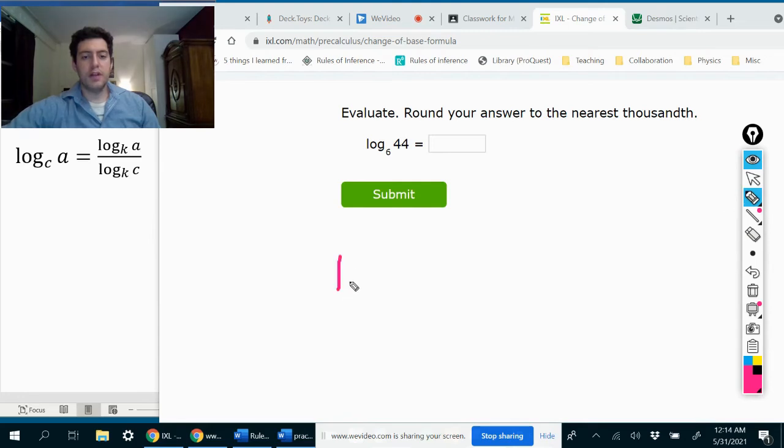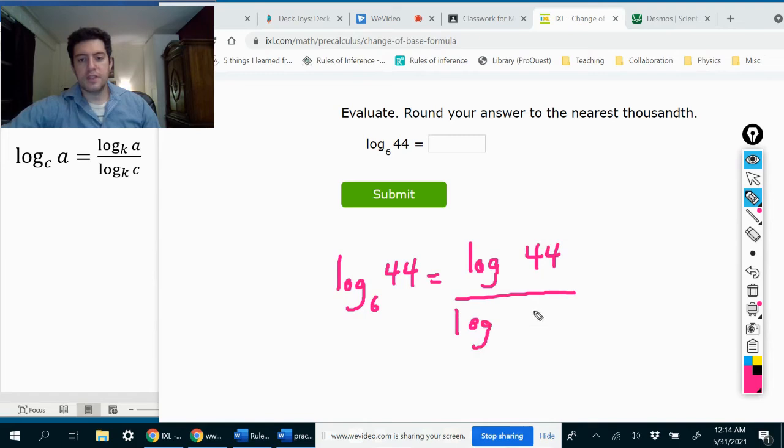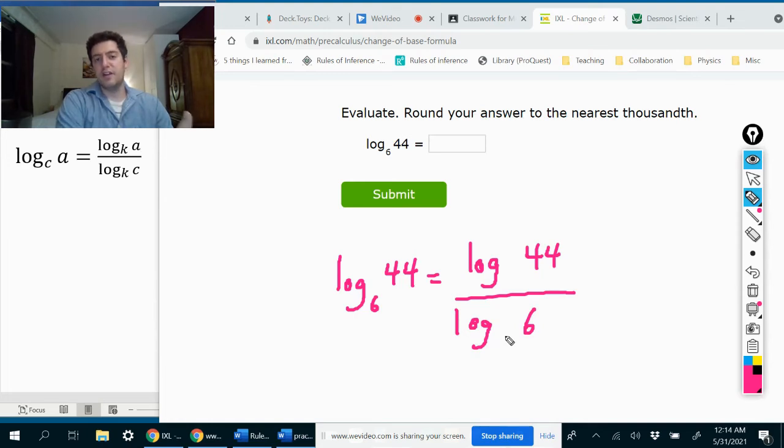So we can rewrite the log base 6 of 44 as the log of 44 over the log of 6, and we can choose basically anything we want for the base over here, as long as it is not negative and not 0 and not 1.